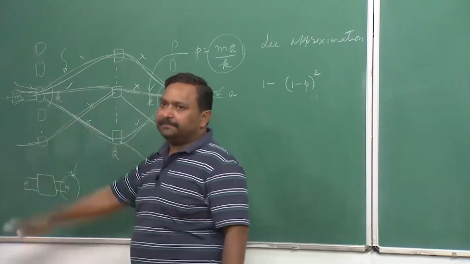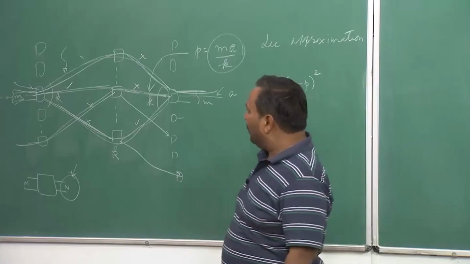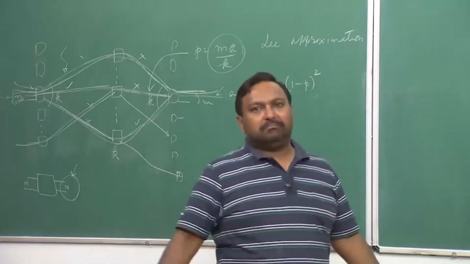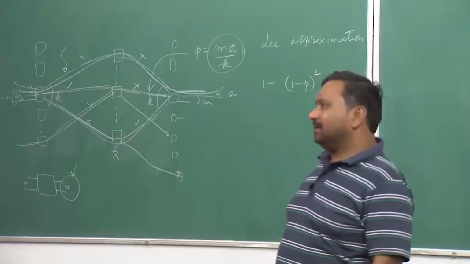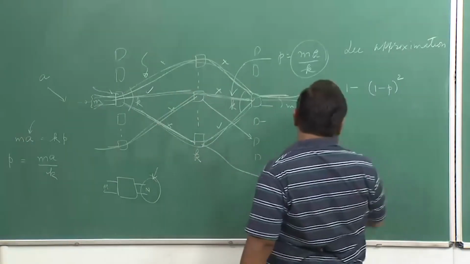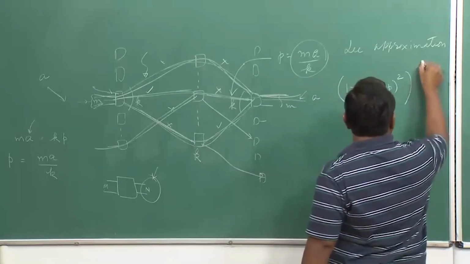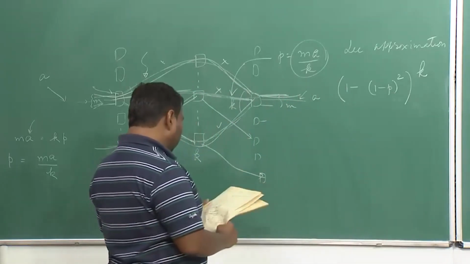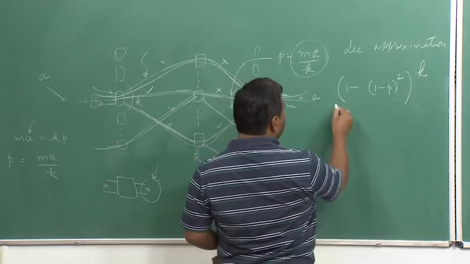So, this is the probability that this path is busy. Now, if all the possible paths, all k of them, are occupied, then you cannot set up the communication between this free input and free output port. That is what gives you the probability of blocking.